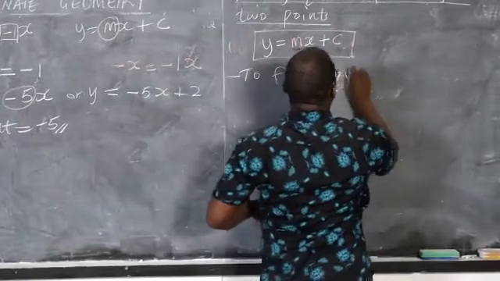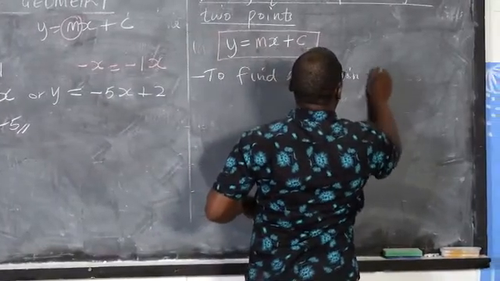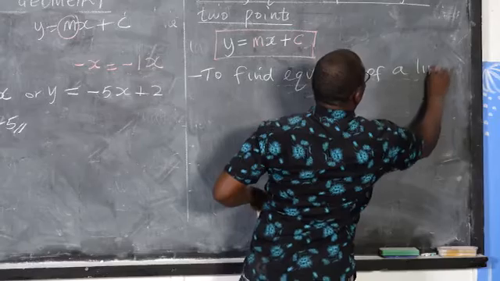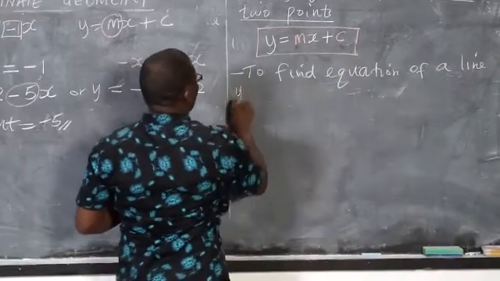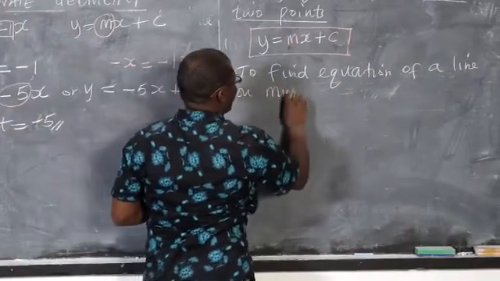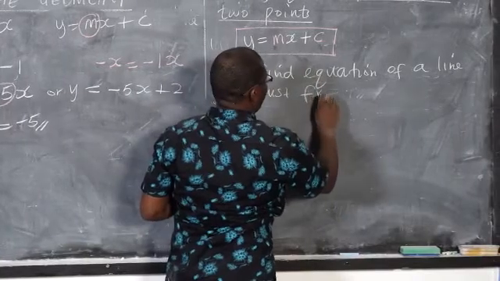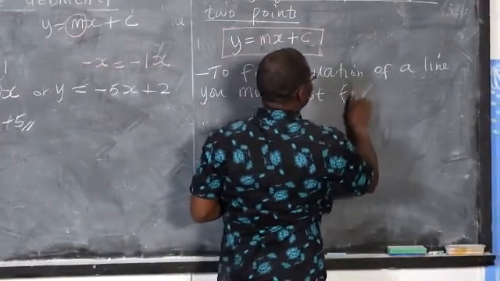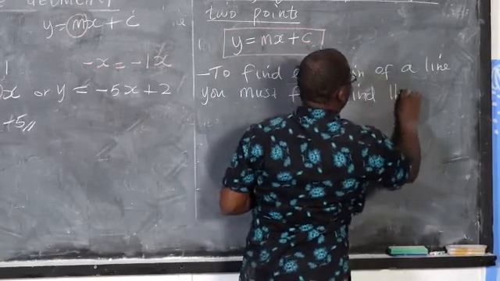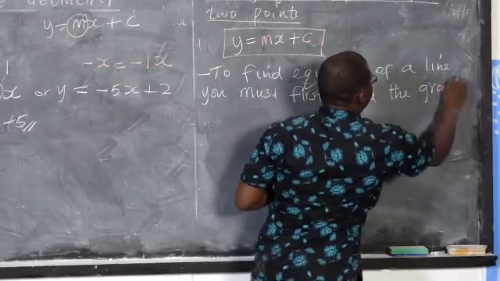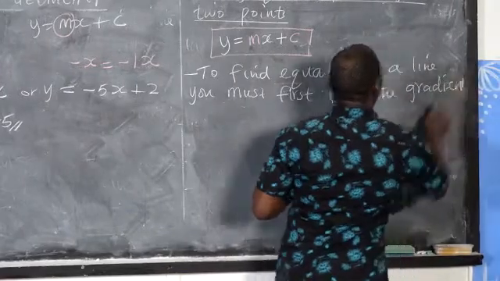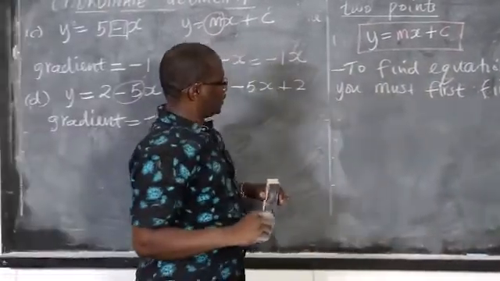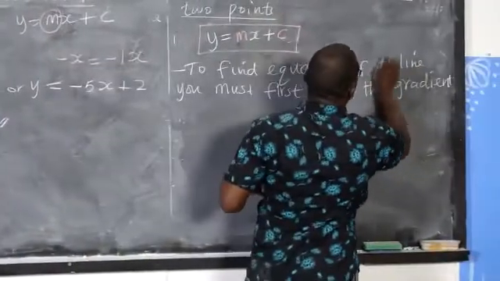To find the equation of a line, you must first find the gradient. Okay, so to find the equation of a straight line, that's very important.